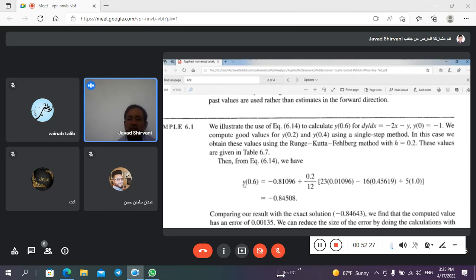The 6.14 equation gives us this value for y at the point 0.6, minus 0.845008. I compare that with this value of y, which was with h of 0.1. We solved this with MATLAB.